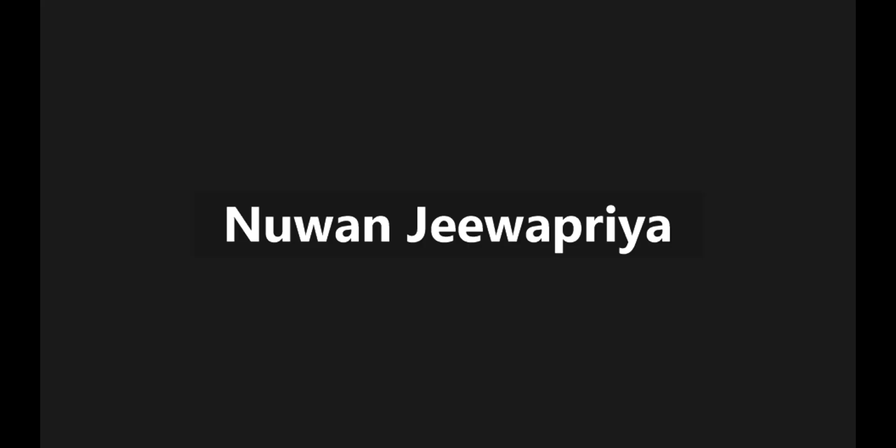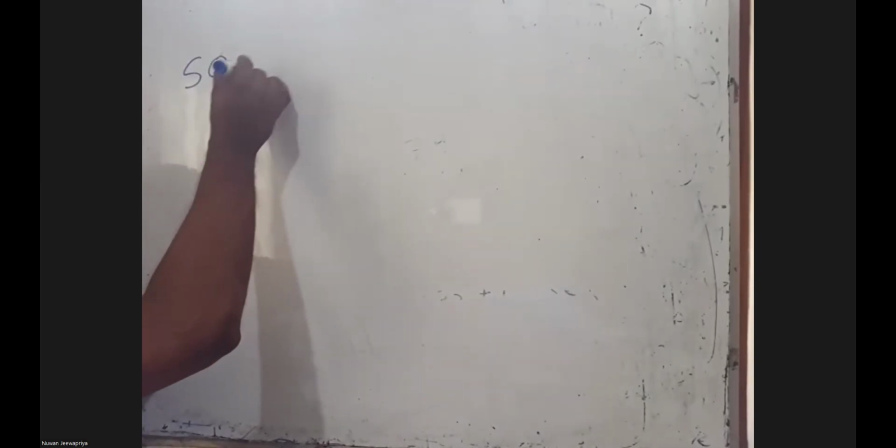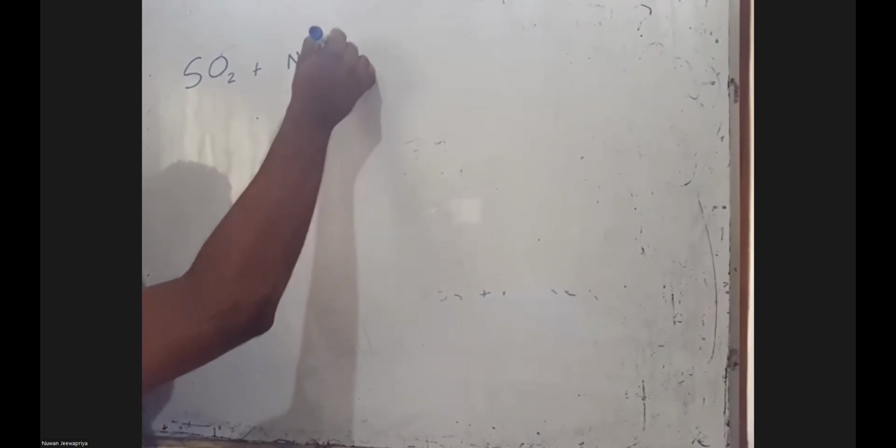Now they have given you the balanced equation between sulfur dioxide and sodium hydroxide, NaOH.